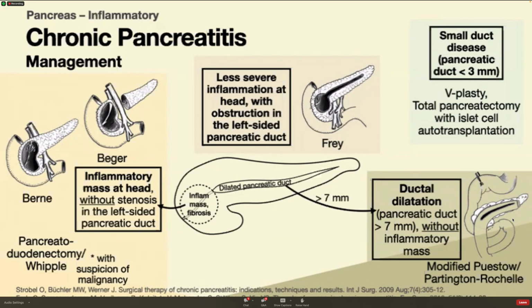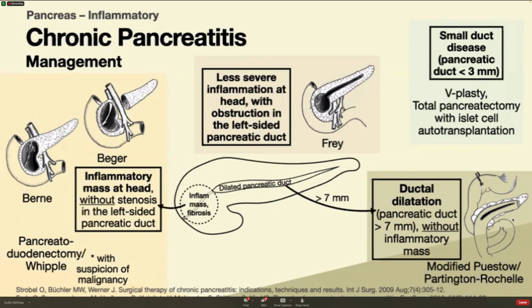If the patient only has ductal dilatation of more than 7 millimeters without an inflammatory mass, then it's better to do a modified Puestow procedure. If the patient has both an inflammation at the head and also an obstruction in the pancreatic duct, then better to do a Frey procedure.